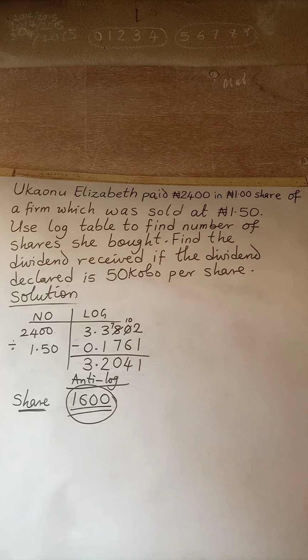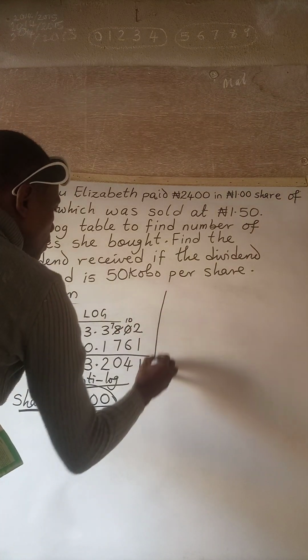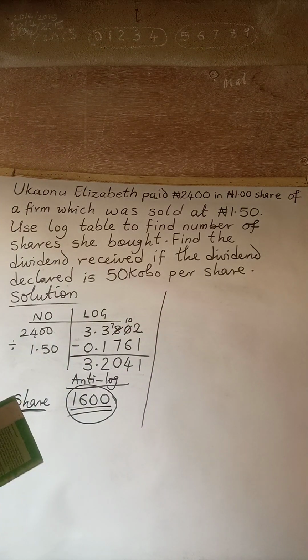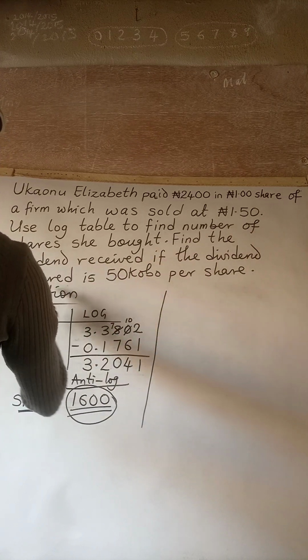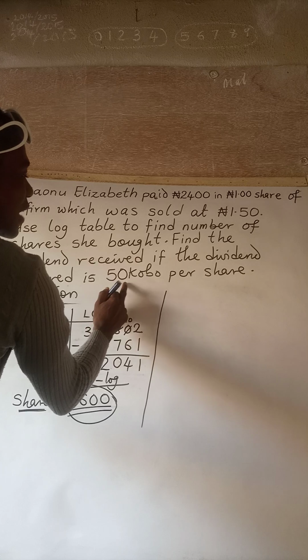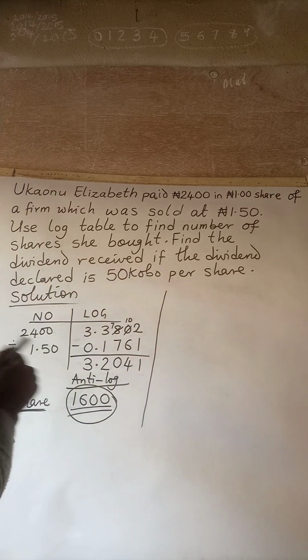We now proceed to the next part of the question, and what they ask us there is to find the dividend you received, if the dividend declared is 1 naira 50 kobo per share.